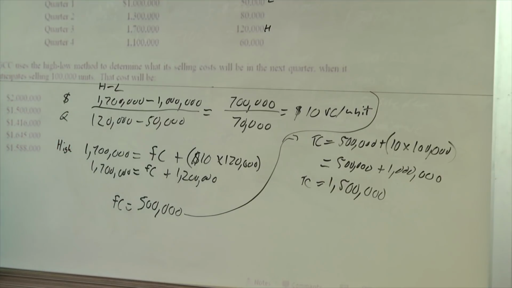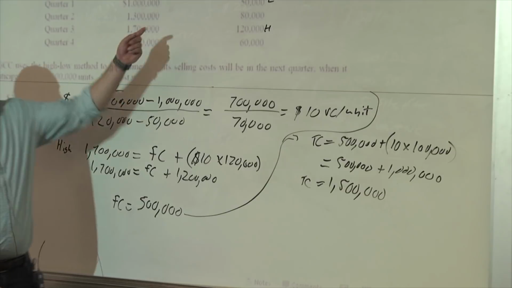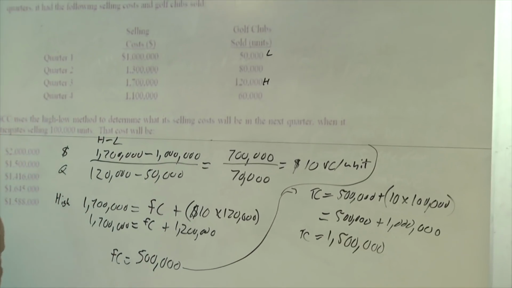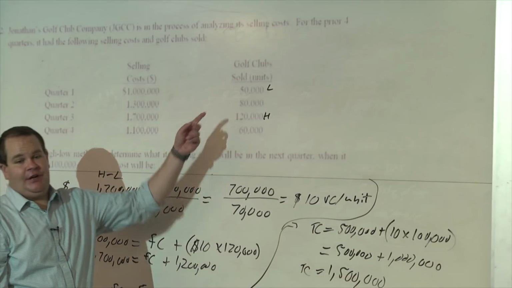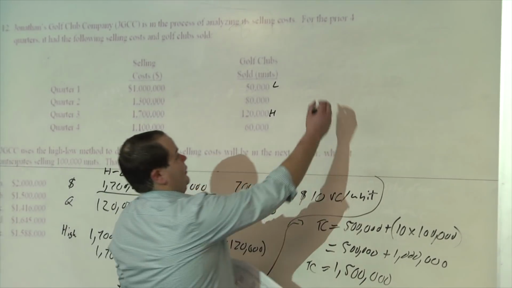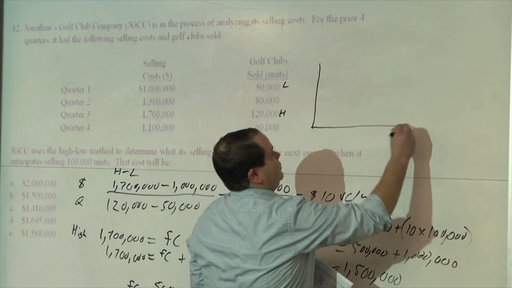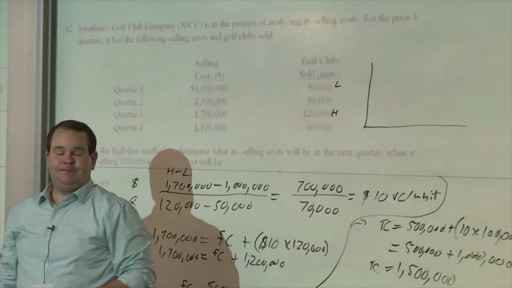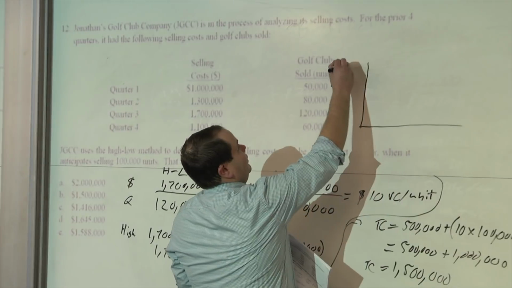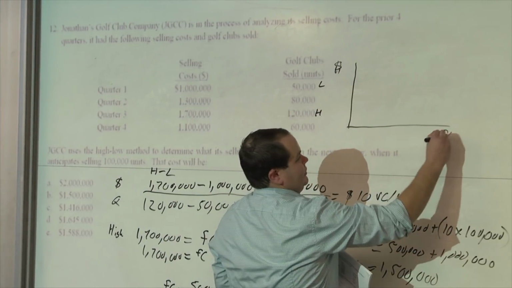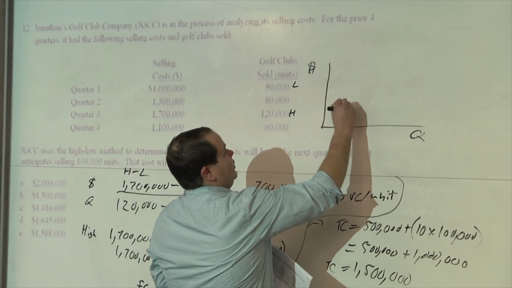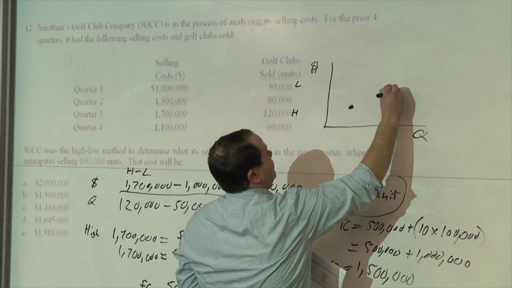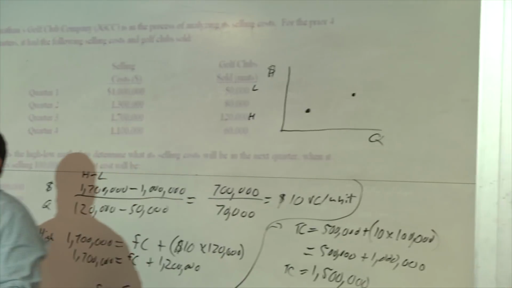The reason we're doing this is because with just these numbers, we don't know what portion is fixed or variable. And by taking these high and low scenarios, you kind of think of it like a graph like this. And that's going to be your cost. That's going to be your quantity. And you basically have 2 points like that.